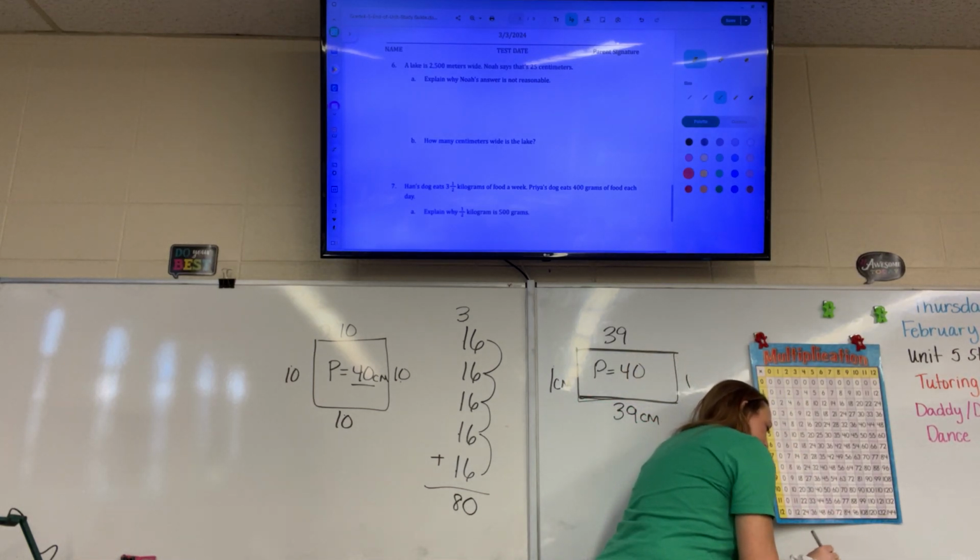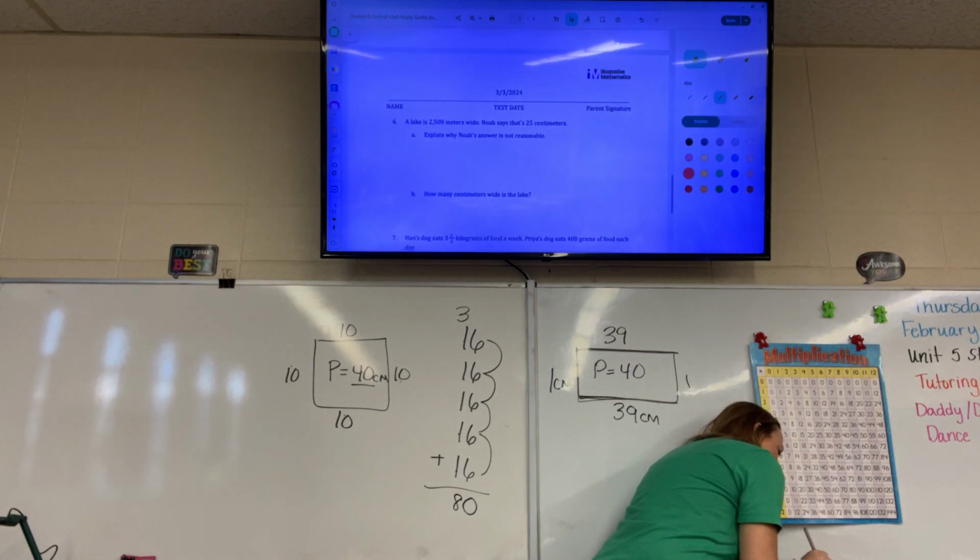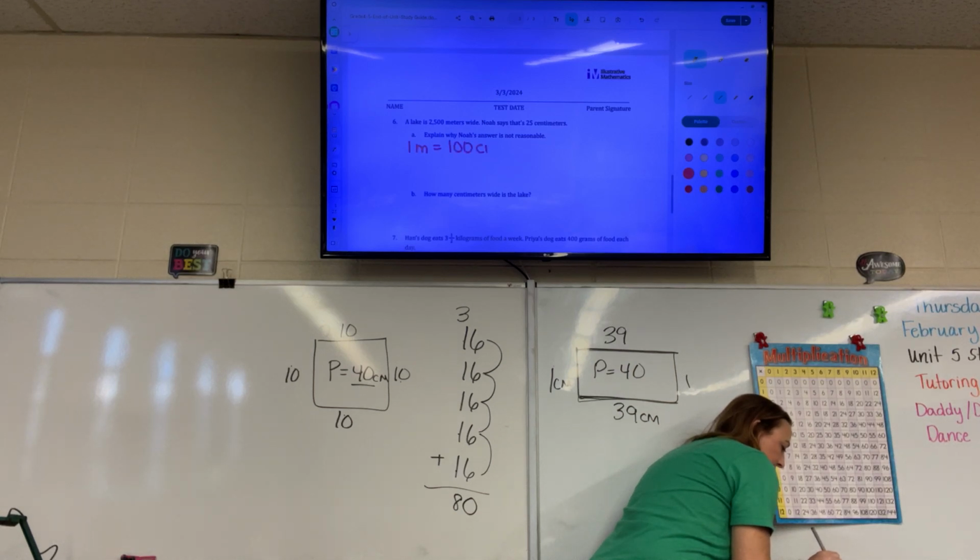Here's what we're going to write down. 1 meter equals 100 centimeters. So 25 centimeters is less than 1 meter.